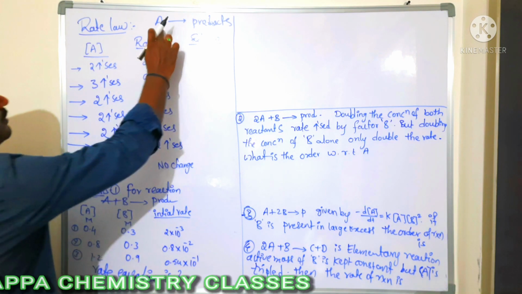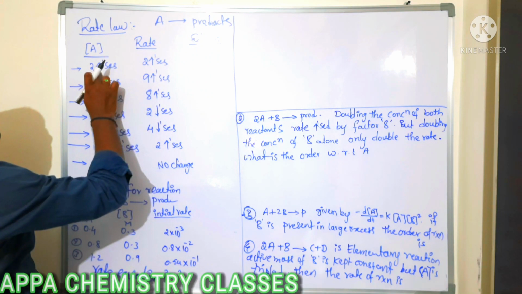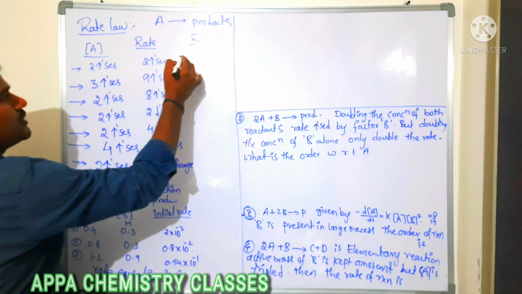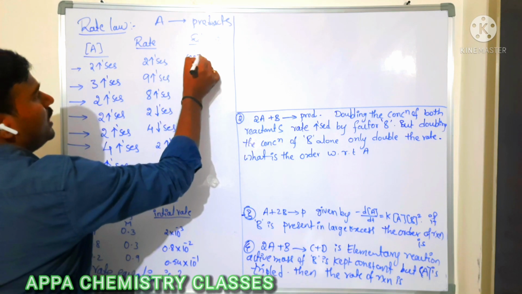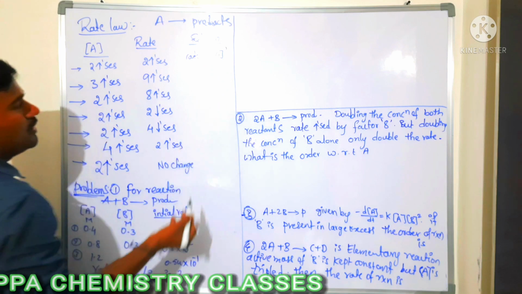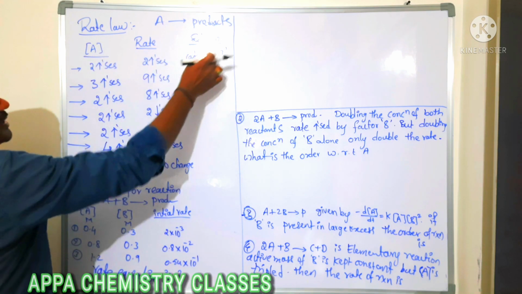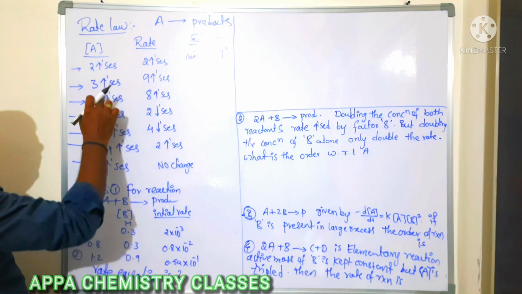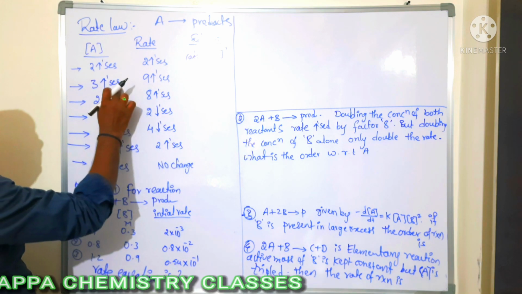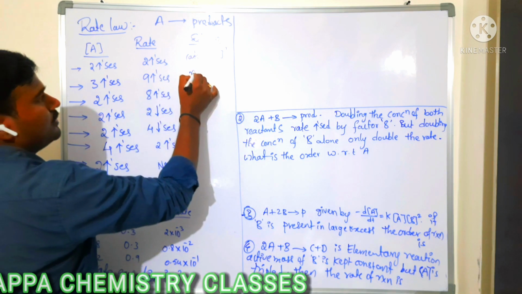Now say for example for this reaction, if you are increasing the concentration of reactant by 2 times, rate also increases 2 times. What is the relation between rate and the concentration of reactant? It is directly proportional to the first power, because concentration increases 2 times, rate also increases 2 times. Now you see concentration increases 3 times, but rate increases by 9 times.